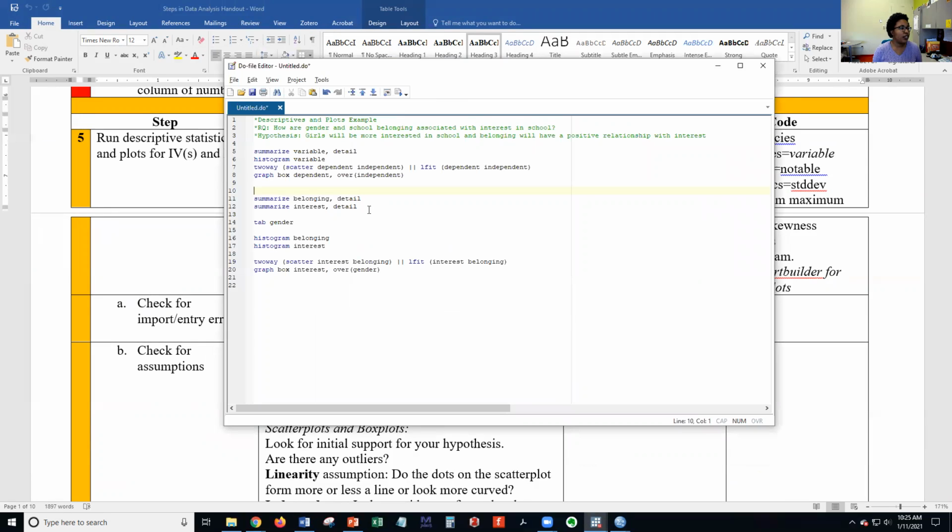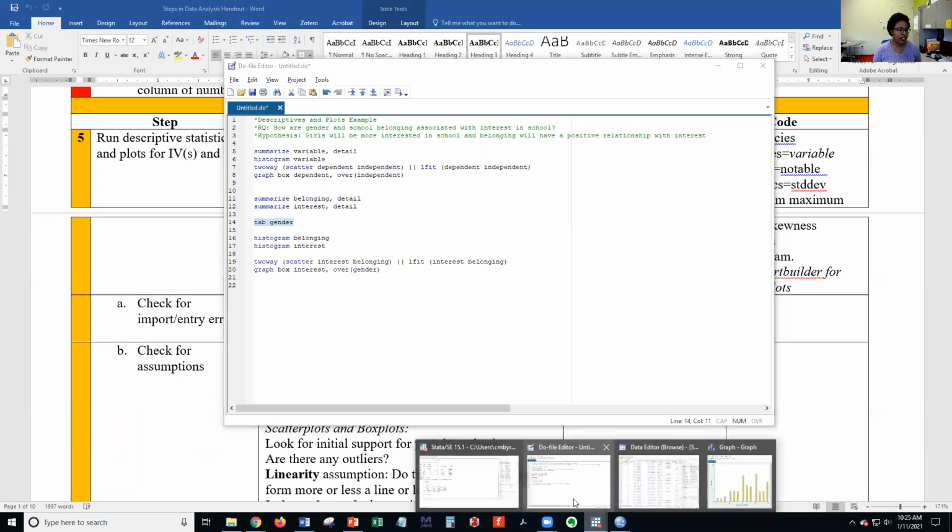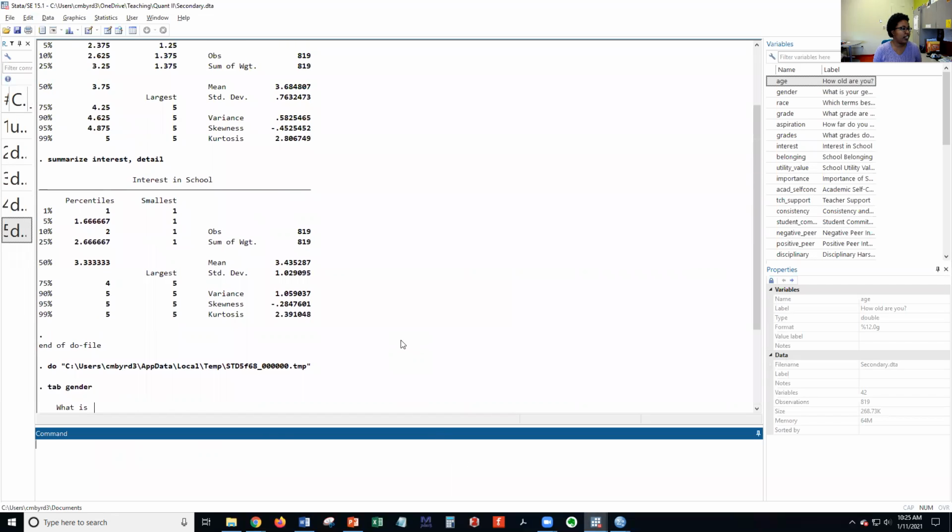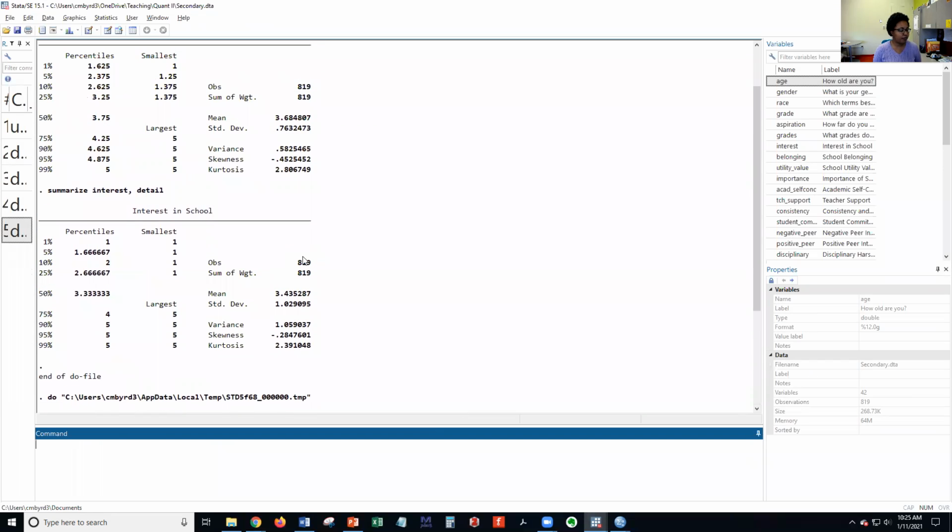So first, we're going to use summarize on our continuous variables, belonging and interest. For our categorical variables, we'll do tab. So let's see what Stata is showing us over here. So there's our continuous variables and there's our categorical variables.